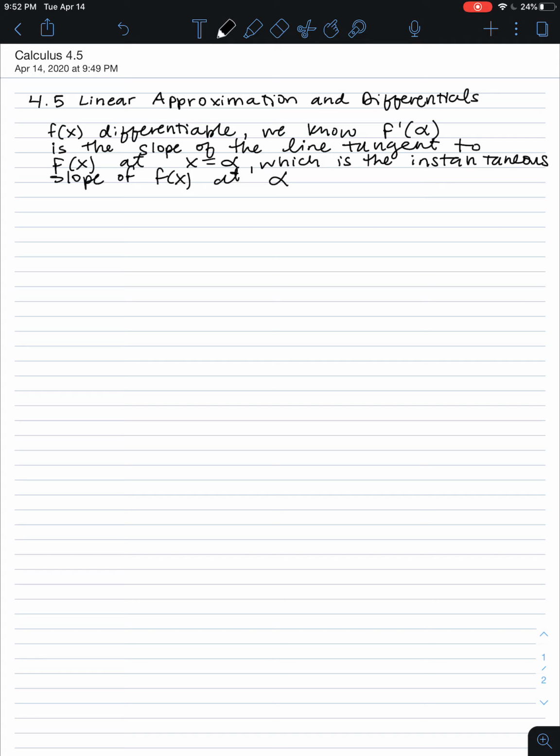And a lot of times we've been using information about our function to estimate things about the derivative, and now we're going to do the opposite. So basically, if I have a graph, let's just say our graph looks like that.